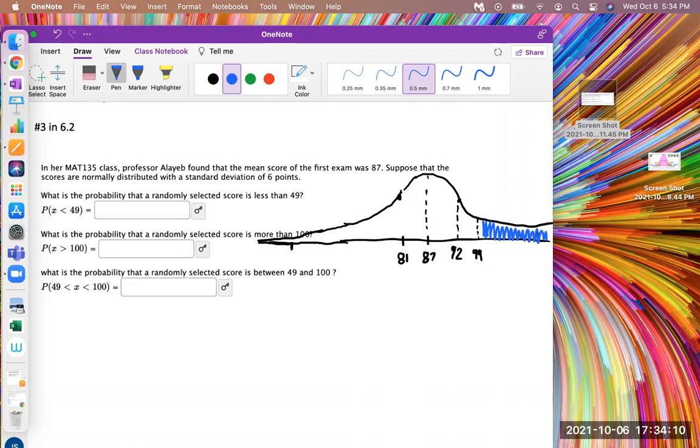I didn't draw it very well because it looks like it's tailing up, but it should be approaching the x-axis, right? Should be kind of more going like this. This area is probably going to be a little bit bigger than the other area, but not by much. It's still in the tail.